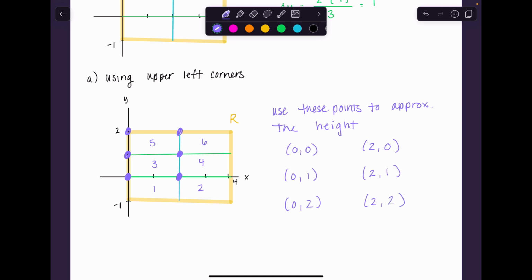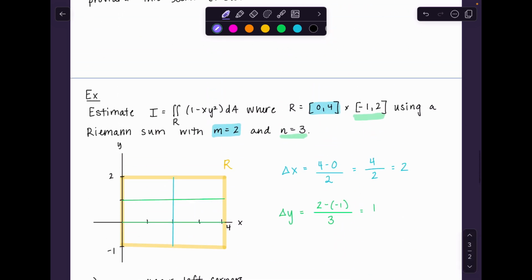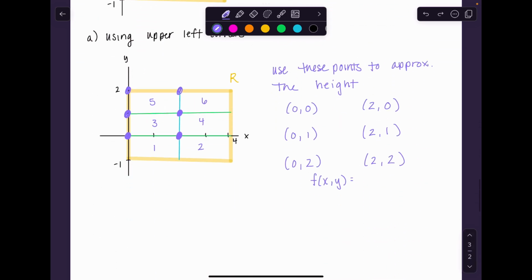So again, you can see the x value goes up by delta x each time, and the y value goes up by delta y each time. And we're plugging this into our function, which if I go way back up here, it's 1 minus x y squared.